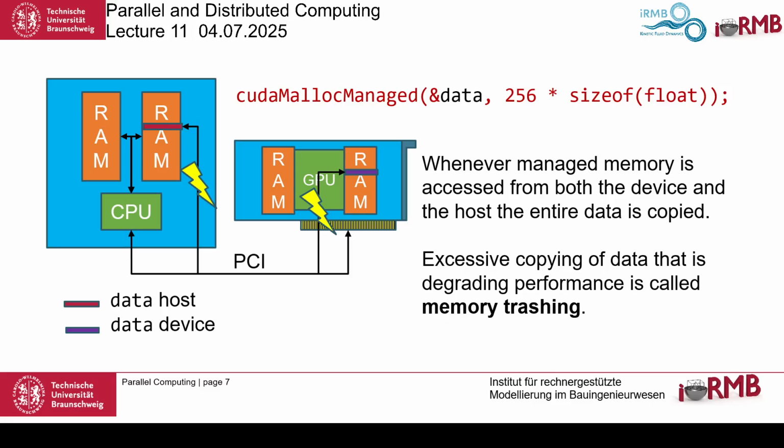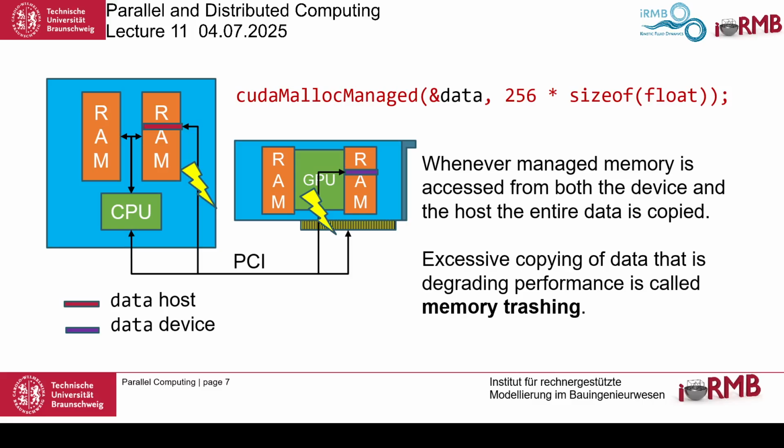This means whenever you change one in one place, it becomes inconsistent in the other place, so it will be marked as dirty. When you try to access it in the other place, it knows it is dirty and has to make the copy, and it usually does the copy of the entire thing.